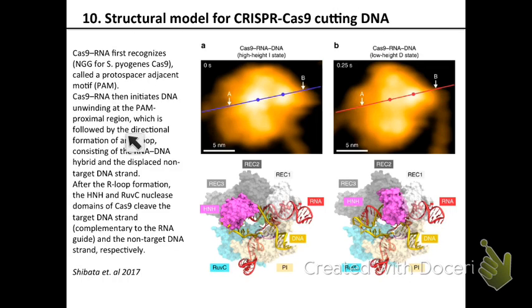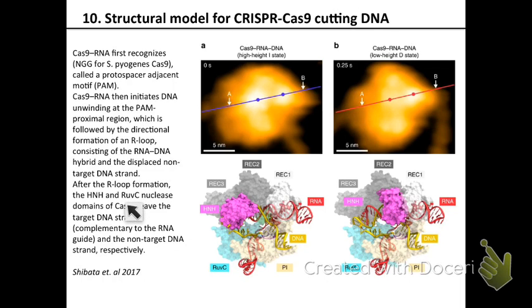So creating that R loop, which is two DNA strands open with the RNA. And if this RNA is complementary to the DNA, it's going to create an RNA-DNA hybrid, right? So it's going to anneal there. And it's going to displace completely the non-target strand.